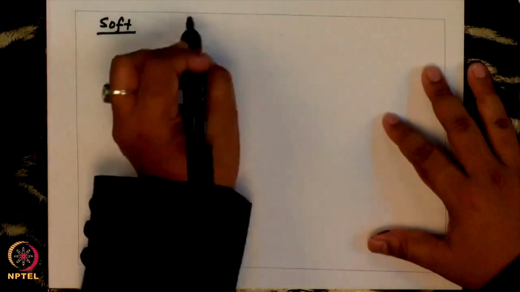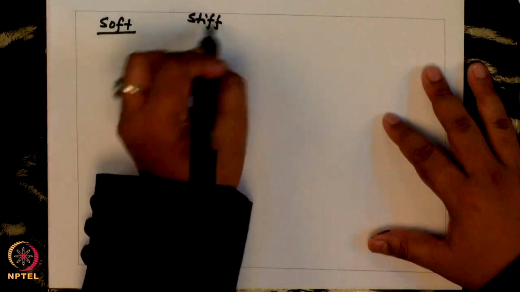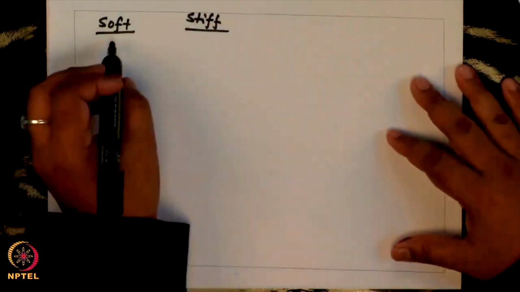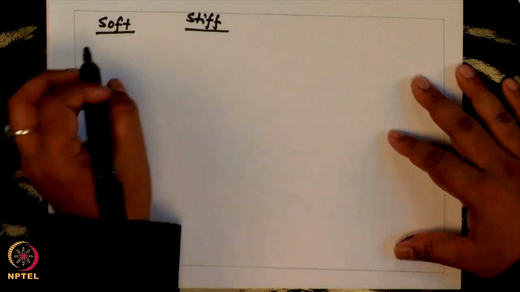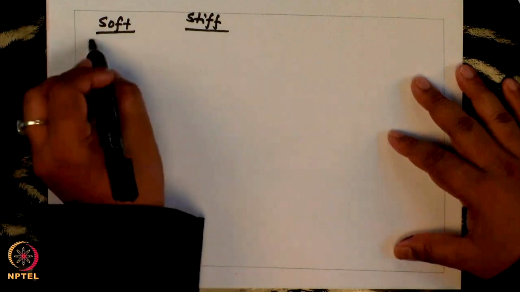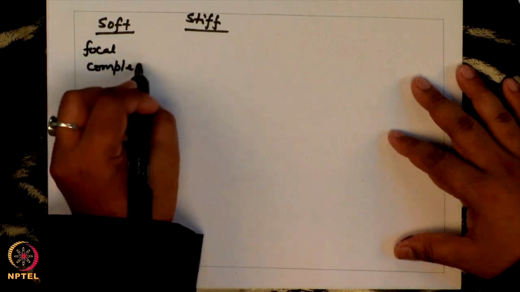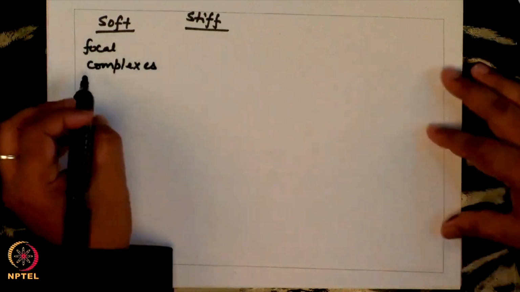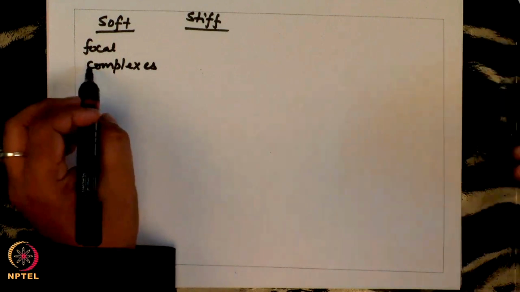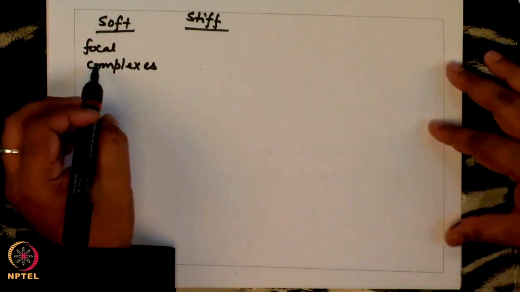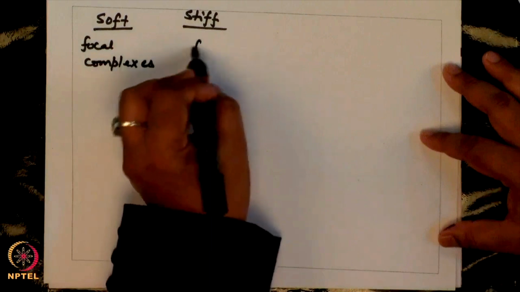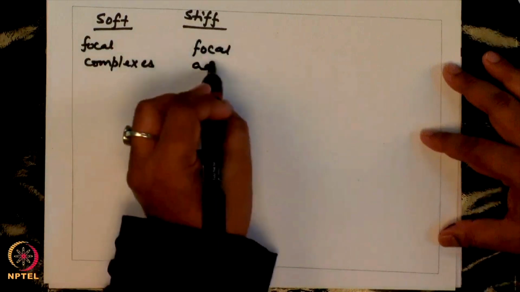What she then showed, in comparison of soft and stiff surfaces, is that on soft surfaces the mammary epithelial cells formed focal complexes. If you recall from earlier discussions, focal complexes were small dot-like structures, while on stiff surfaces they formed focal adhesions.